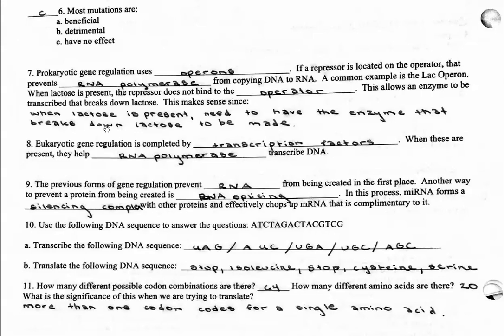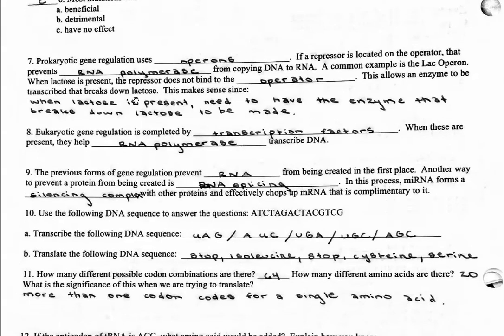The reason this makes sense is that what's being transcribed and then translated is an enzyme that will break down lactose. So the only reason I would want this transcription and translation to be happening is if lactose is present. And so that's why the lactose enzyme is allowed to be made, because lactose is present.